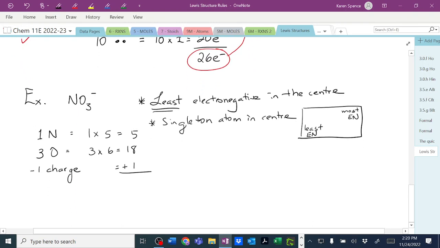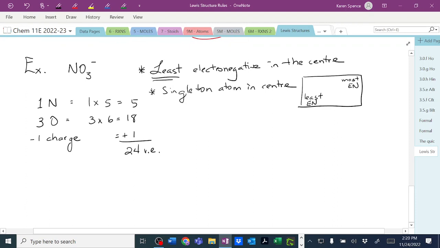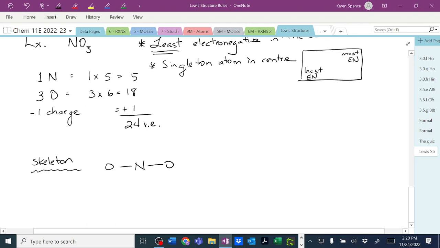19, 20, 21, 22, 23, 24. So have we successfully gotten 24 electrons in NO3? What did we do next?